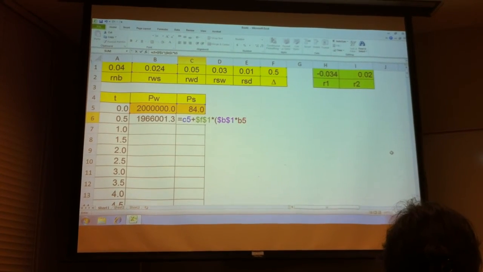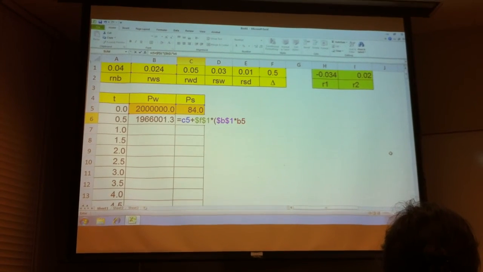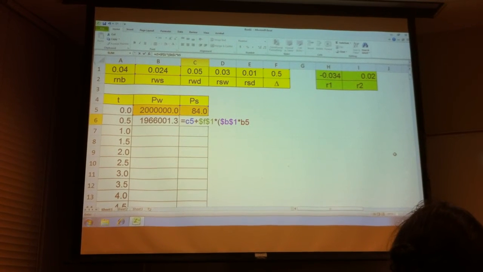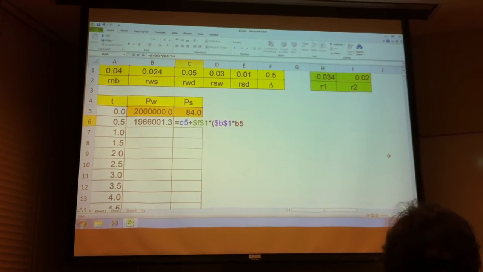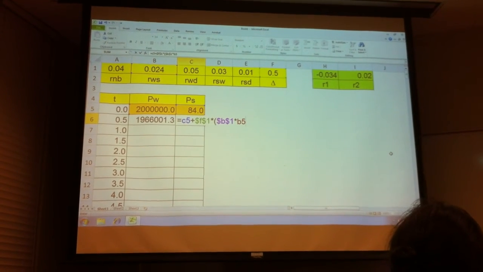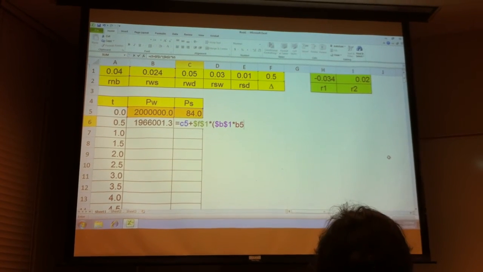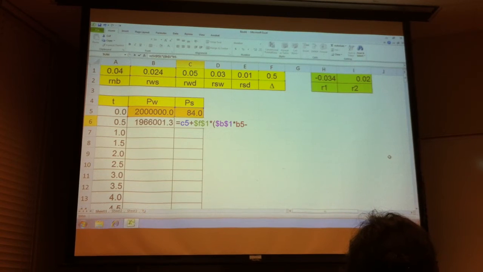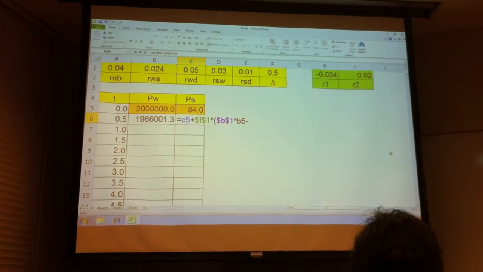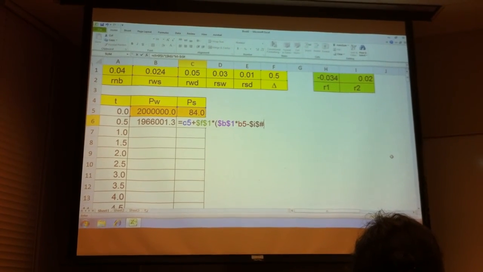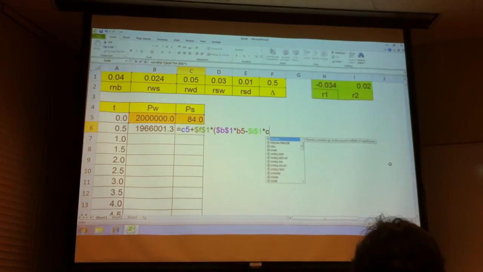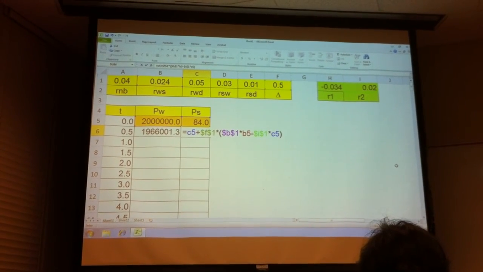You've got to be real slow about this first guy. It's easier once this is done, you're going to see how fast it works. Is that a plus? No, that's minus. Minus R2. What I have there, R2, is dollar sign I, dollar sign 1 times PS, C5. Is that everything?